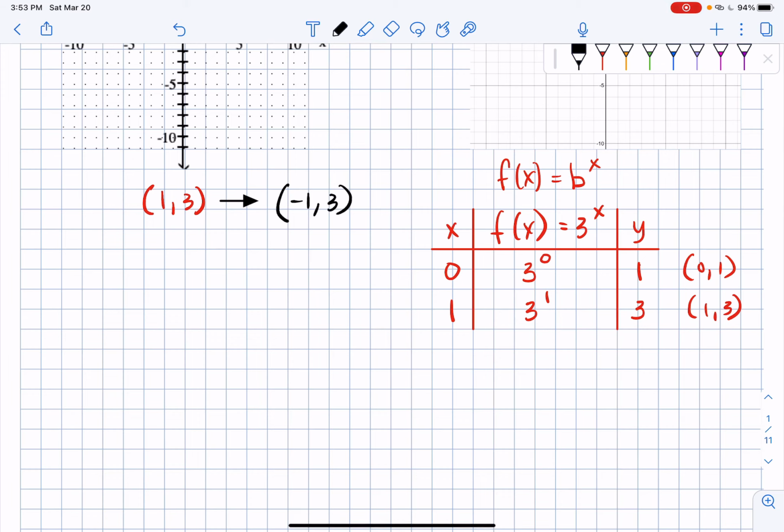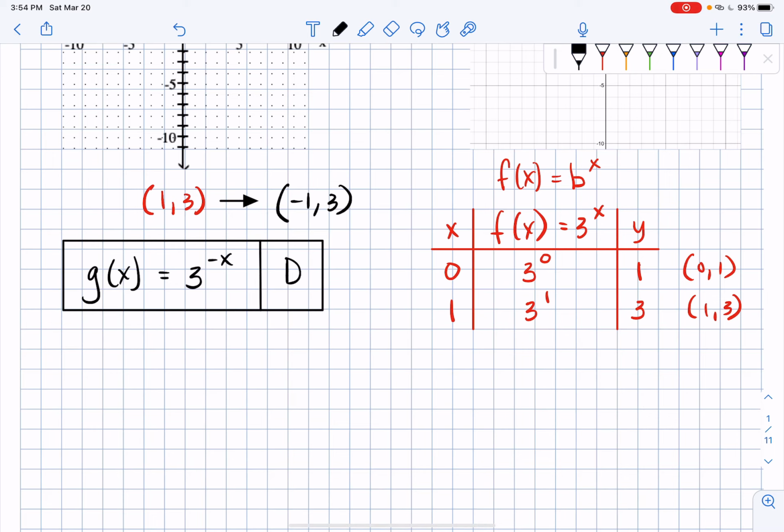Only the x value changed. The y value stayed exactly the same. So now I know that my transformed graph, let's call it g of x, is going to equal 3 to the -x, because the x value changed, so it's only going to affect the x value. So with that being said, that is going to be my choice D. So that will be my answer.